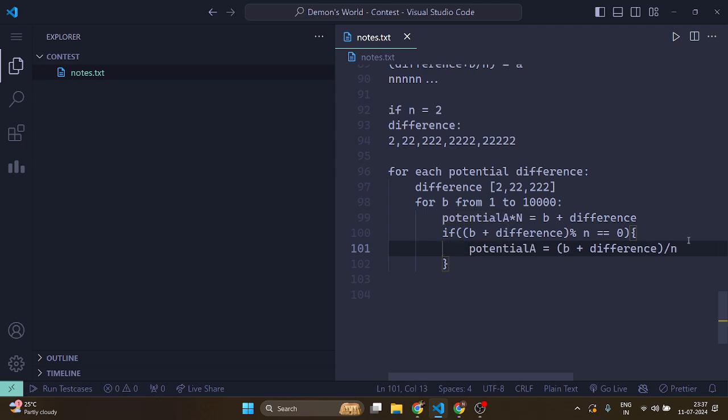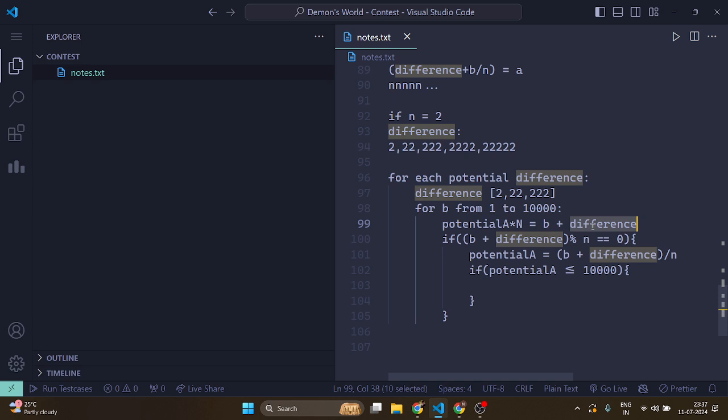If this potential A is also less than or equal to 10,000, then I want this difference to match the value of n.